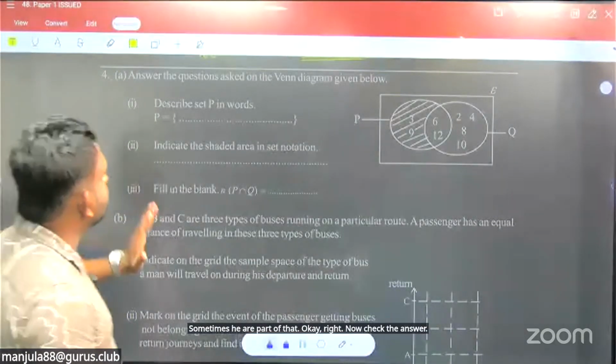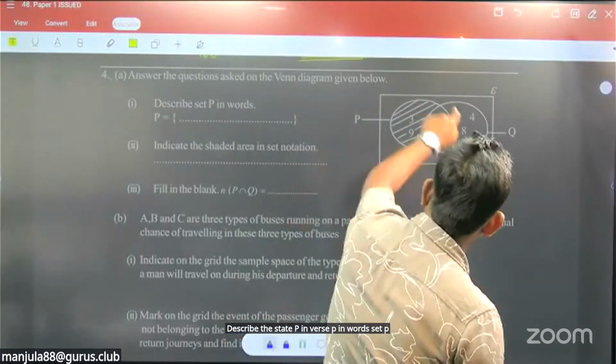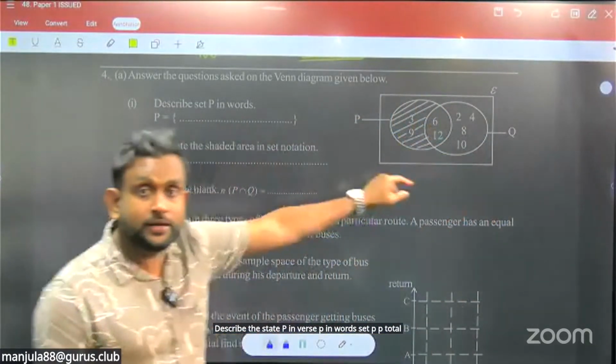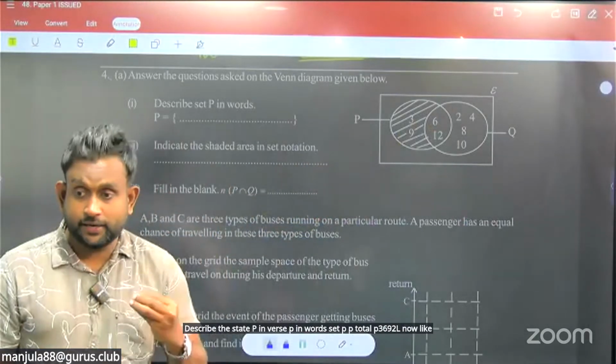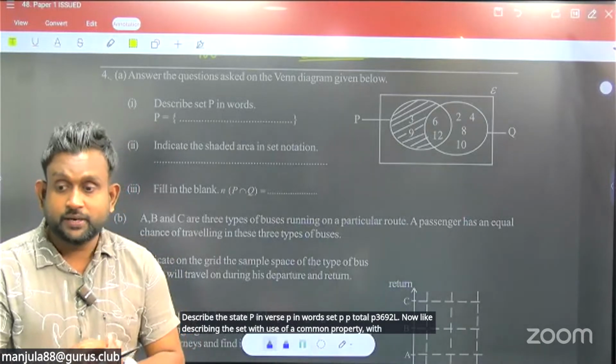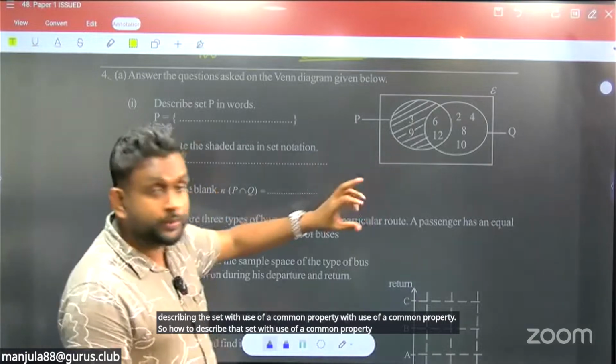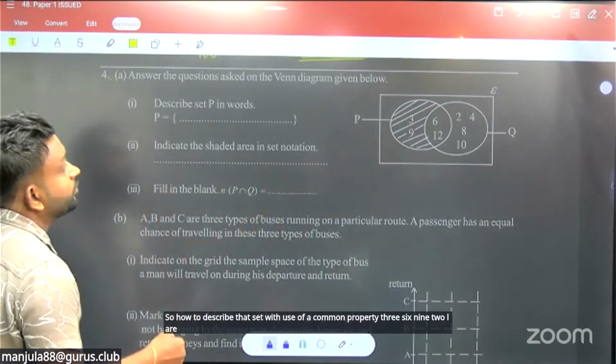Describe the set P in words. Set P: 3, 6, 9, 12. Now, like describing a set with use of a common property. So how to describe that set with use of a common property? 3, 6, 9, 12 are the multiples of 3.